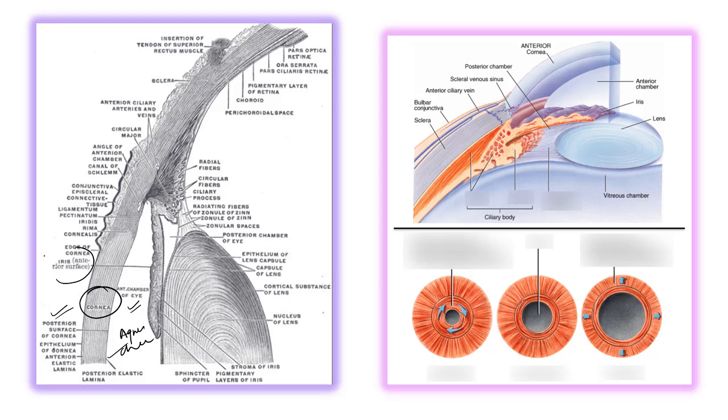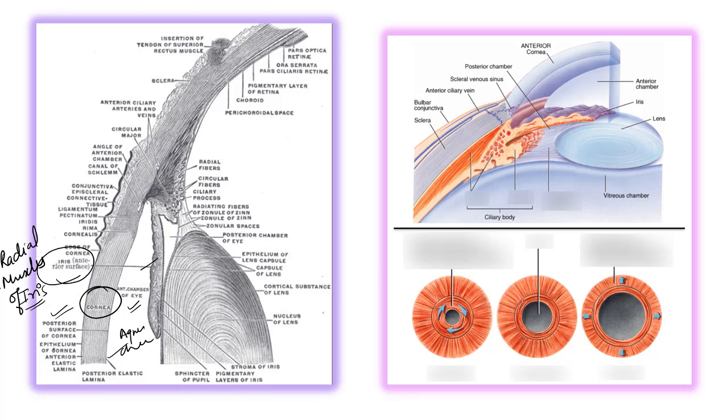This is the iris. The iris has circular muscles. These are the radial muscles of the iris.